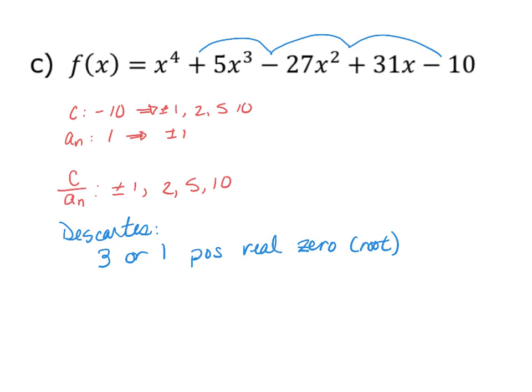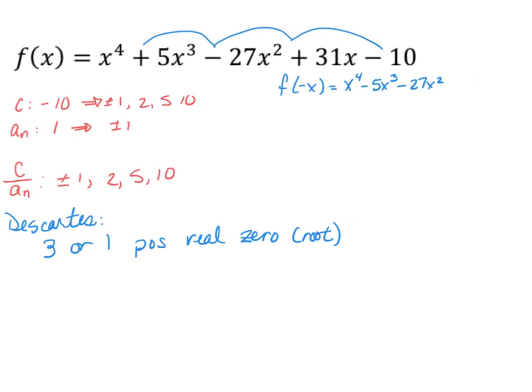To find my negative roots, I have to put a negative x into my original function. So I put a negative x into my original function, and I have x to the fourth. That one isn't going to change when I put in a negative number because it's to a power of 4. Minus 5x to the third, minus 27x squared, minus 31x minus 10.